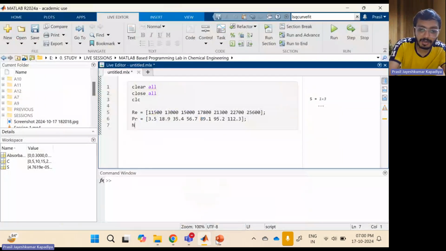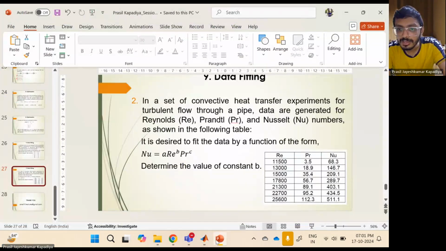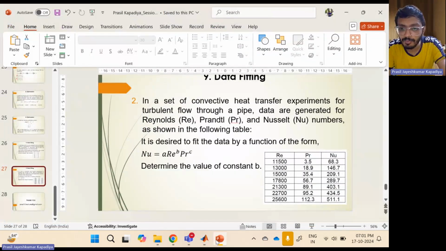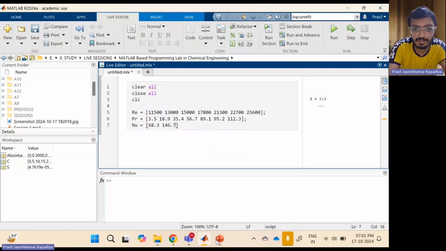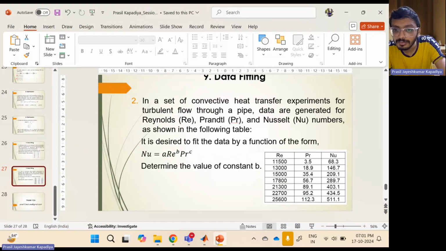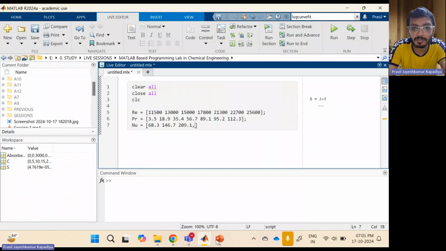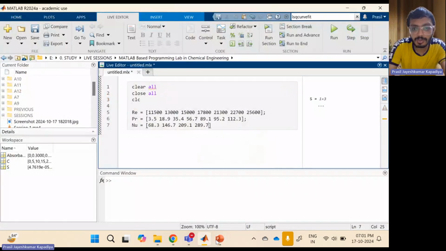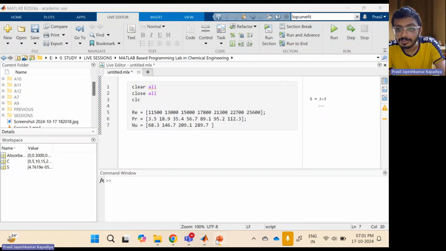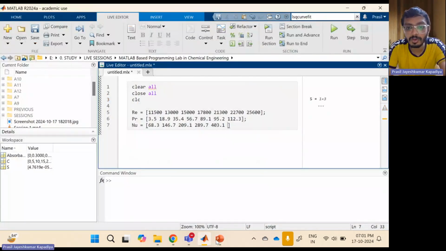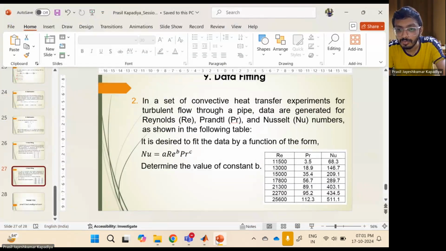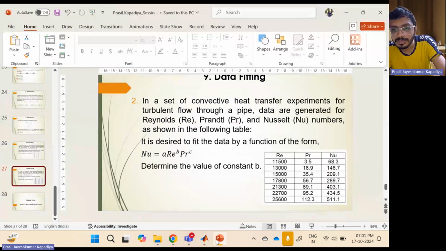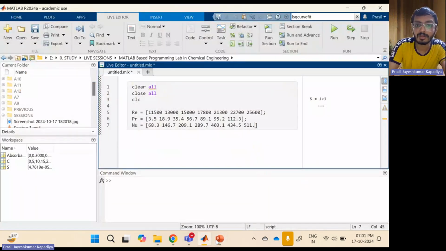Now let's move on with Nusselt number. So Nusselt number is equal to 68.3, then 146.7, then 209.1, then 289.7, then 403.1, 434.5, and last value is 511.1.